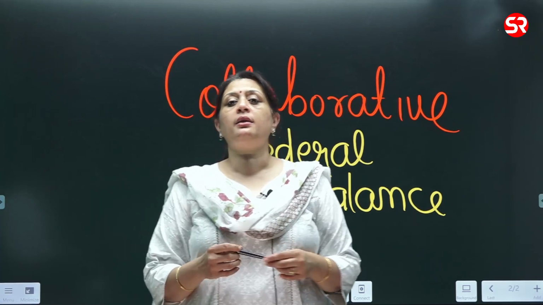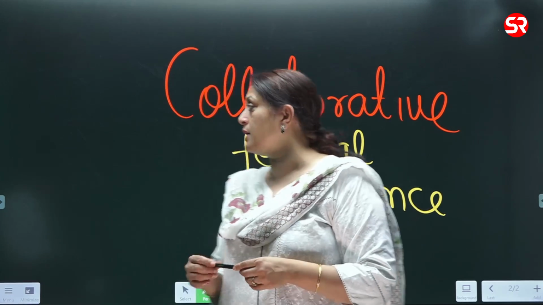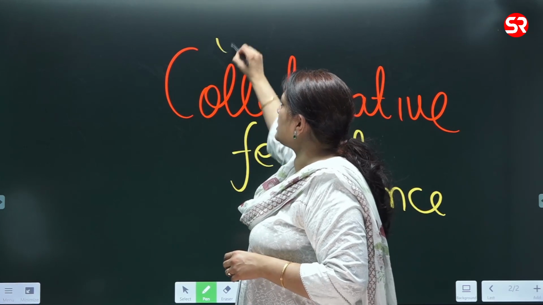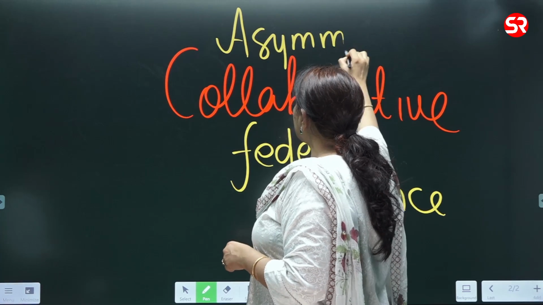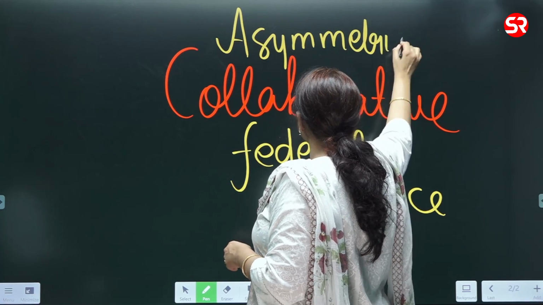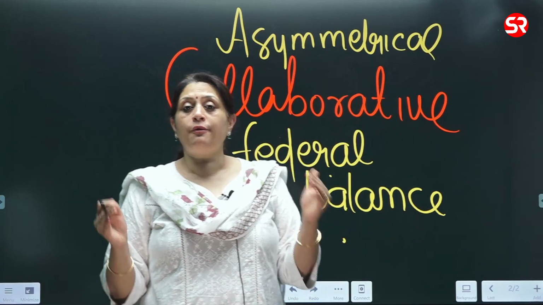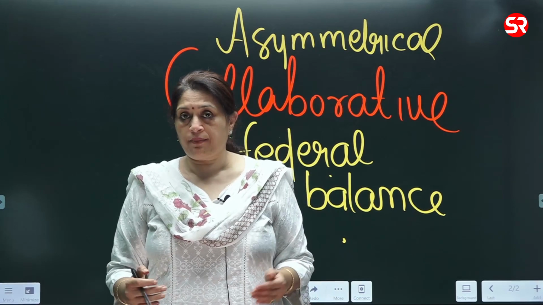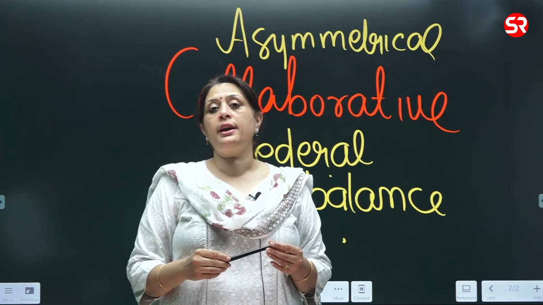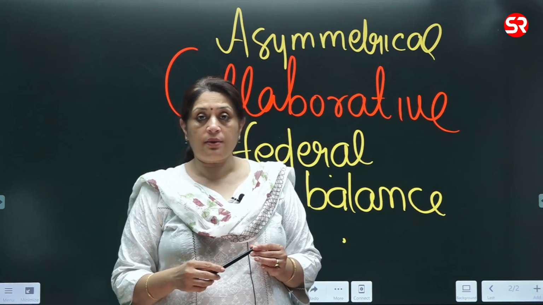Now, to understand this issue, we also need to understand India's federalism, which is asymmetrical, which gives scope for differential arrangements with different territorial units. Okay, so it's not necessary that all states have to be treated at par.